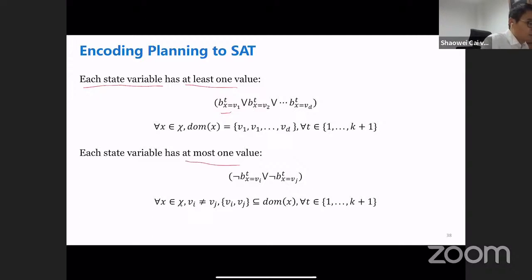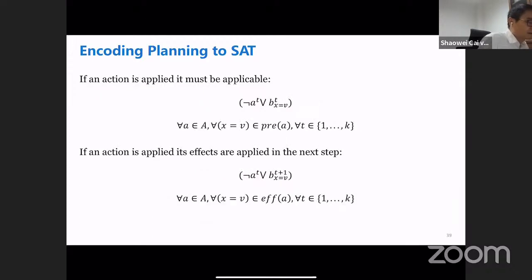And for at most one, we just take the negation between each pair of states of the same variable. That means that at any time, the variable cannot be assigned two different values. So it's very easy to understand.